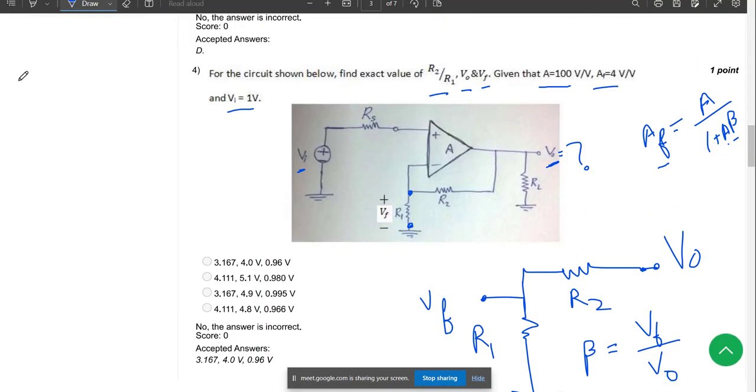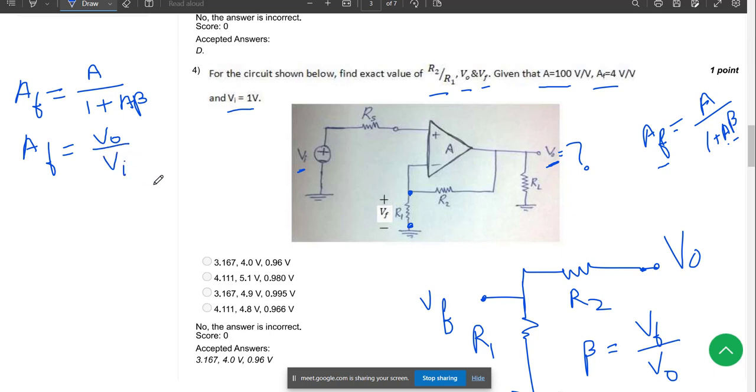First thing to know here is closed loop gain is equal to A upon 1 plus A beta, right? What else do we know already? Since it's the gain of a closed loop, we also know that AF is equal to VO by VI.